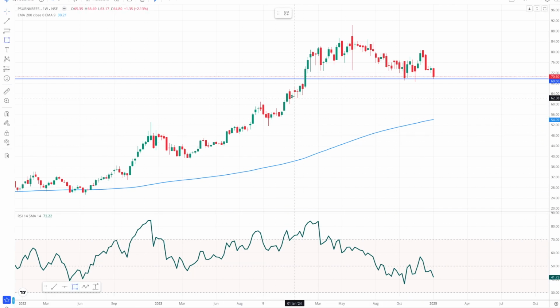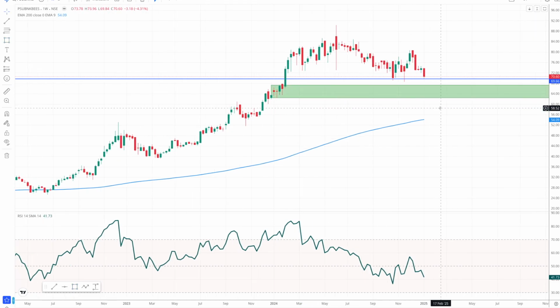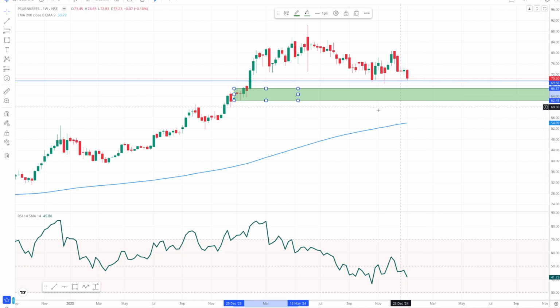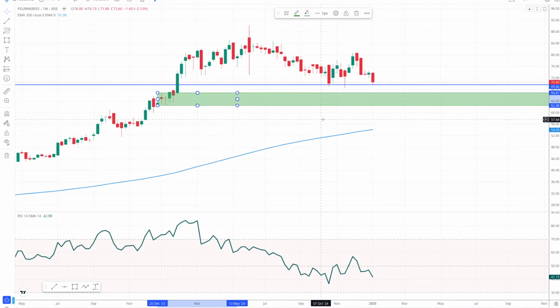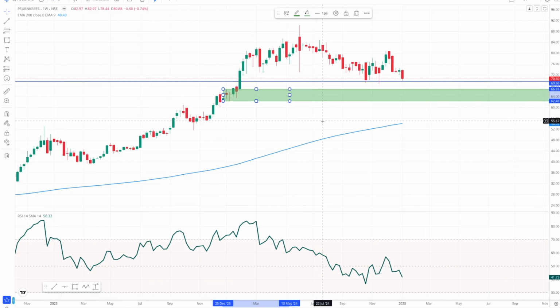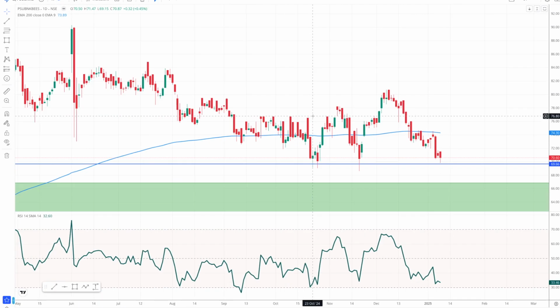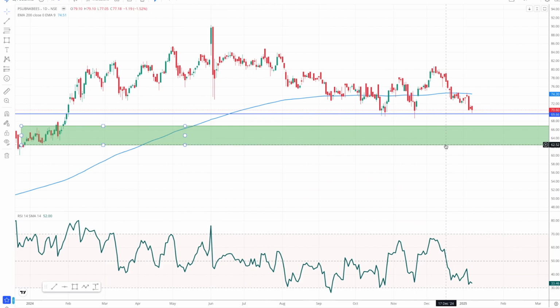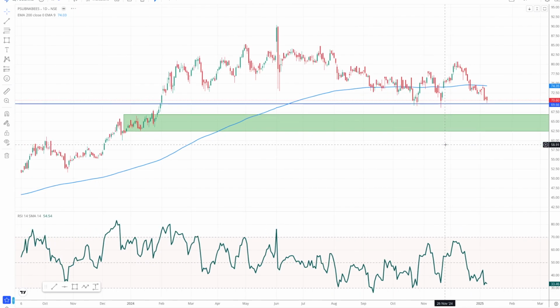But then what I believe is the price can come to these levels, that is from, let's say, 65, 66 to 62, and that would be the best time when we can think of entering this particular ETF. That is probably the best way when I would go into a trade, when the price comes near 65. But for now, if I have to invest, I will invest a very minuscule amount.